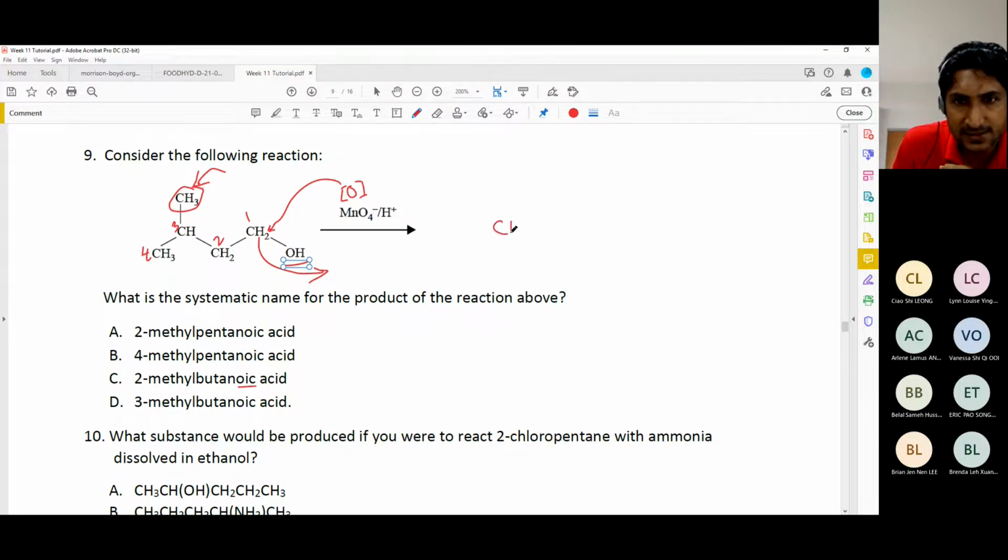So it will be like CH, and then CH2, oh no, sorry, COOH, yeah, and then this CH2. So this is how it will look like.